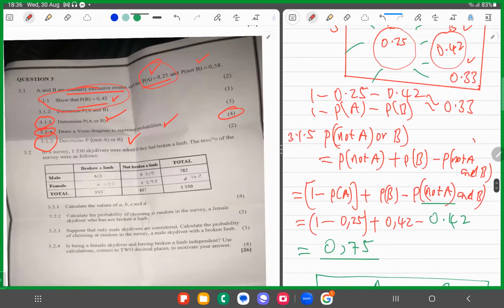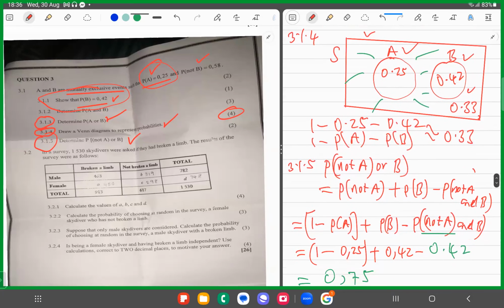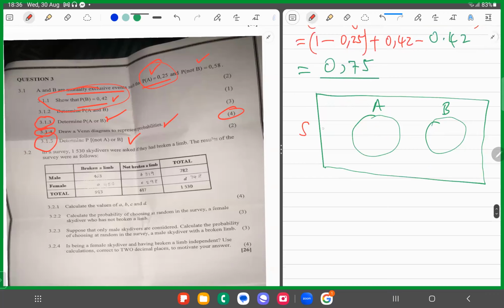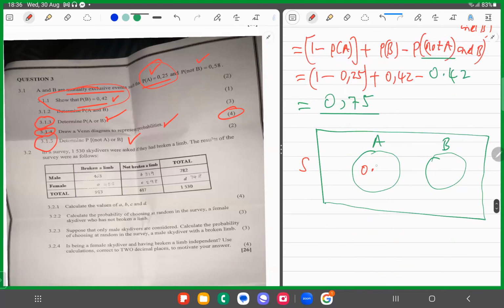I'm just repeating the Venn diagram; we know it already. So you have the sample space. The probability of A is 0.25, that of B is 0.42, and the intersection is 0.33. This is the sample space.